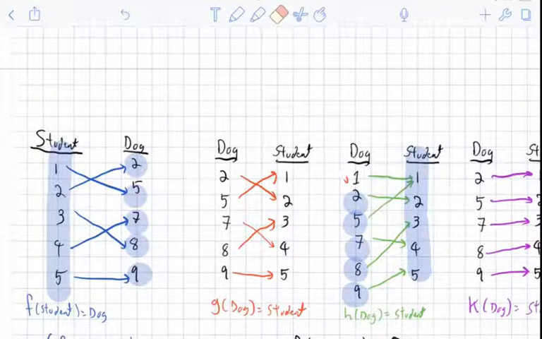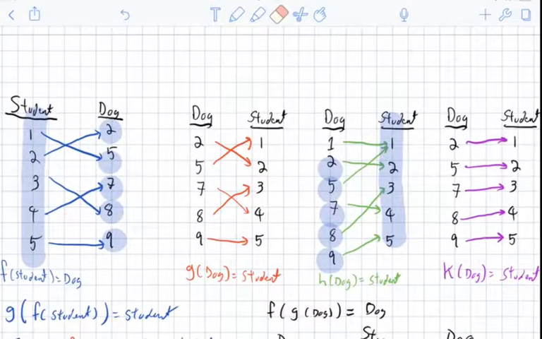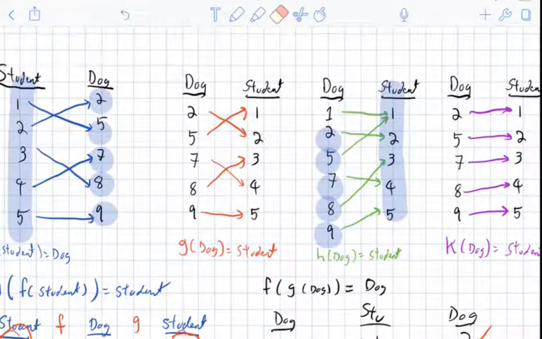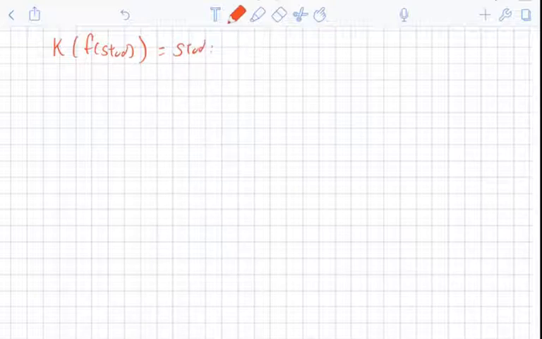Neat, huh? Yeah, you got to pay attention to these things. Okay, so let's do the last one with the K and in the original student. The last column. K, F, students should get me back students. Dog, students.